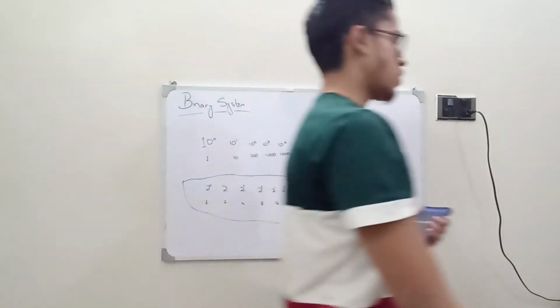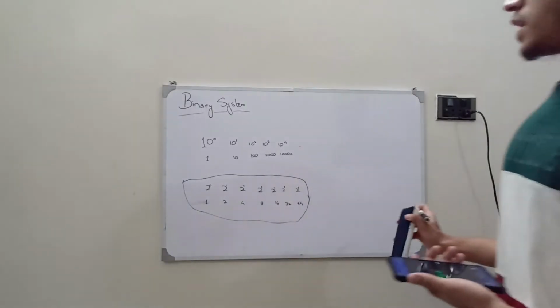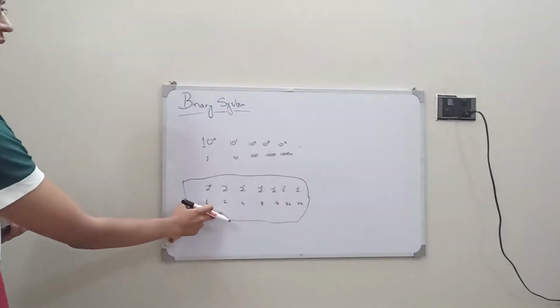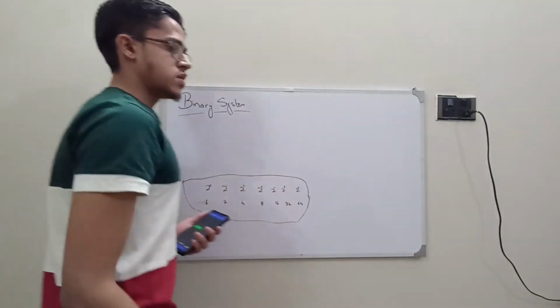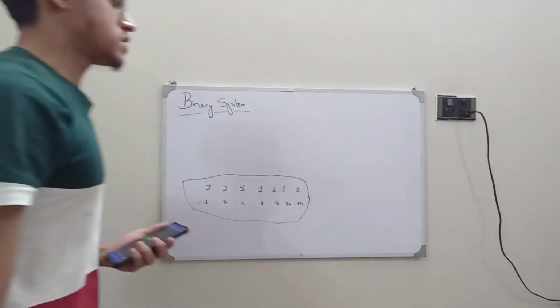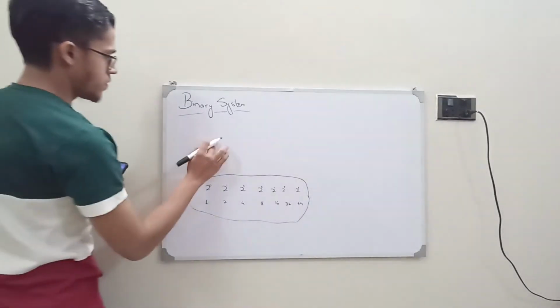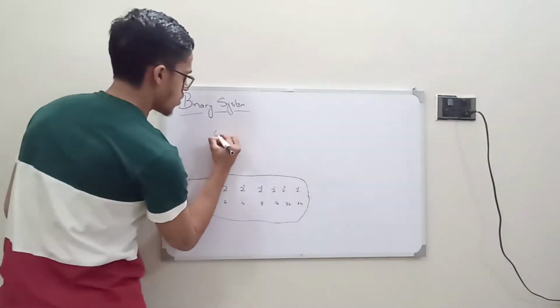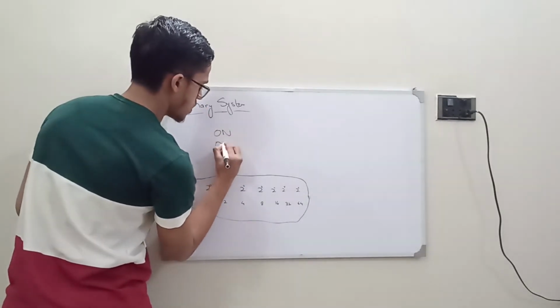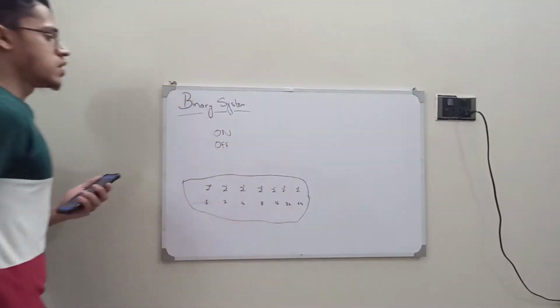Next, we are going to focus on how this is represented in computer science language, in computers, registers and processors. It is represented in two types of state: number 1, on, and number 2, off.